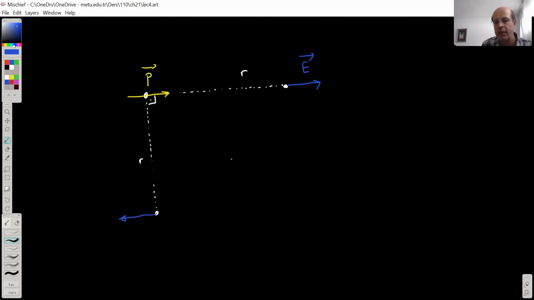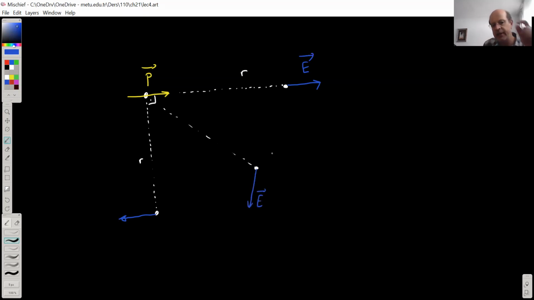And in some other situations, for example if the point in question is somewhere in here, the electric field is making some kind of an angle, something like that.